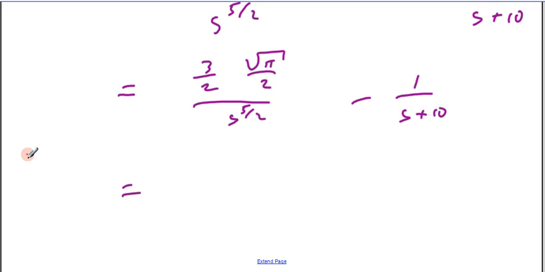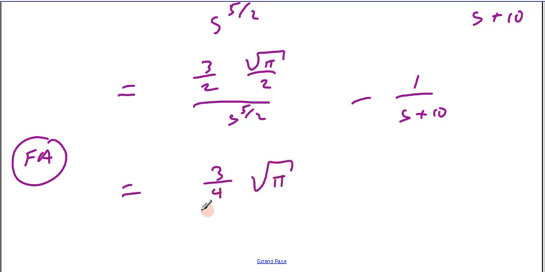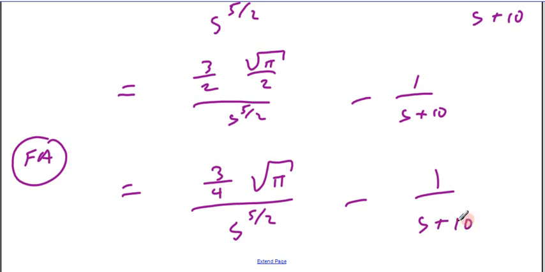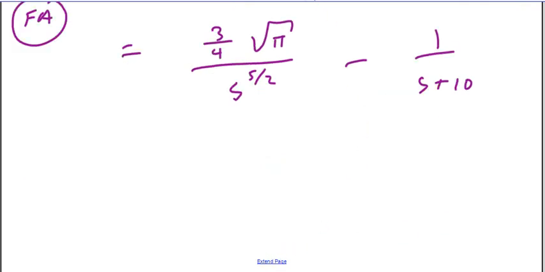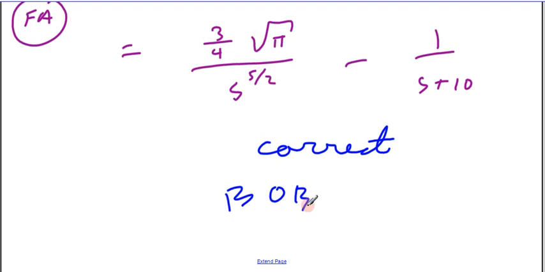And we're going to have a final answer of 3/4 square root of pi over s to the 5 over 2 minus 1 over s plus 10. Now, this answer is correct. I have checked it by other means. The back of book is wrong. And I don't know why they did that. I just know that they did.